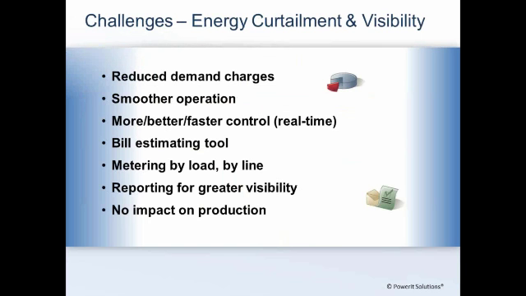I could use it for estimating utility costs for our accounting department, that we could look at metering loads by the line that they were connected to, something that we could use for reporting so that we could tell if we were saving money, and most importantly, a system that would not have impact to our production, that would give us a smoother operation.